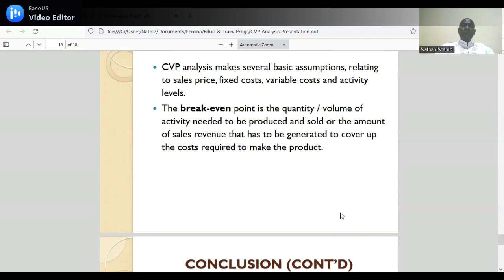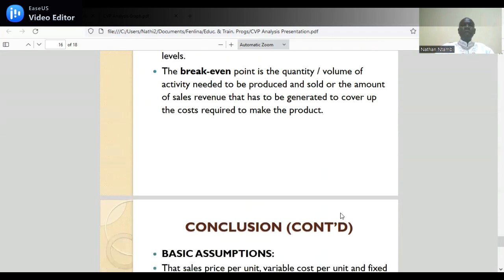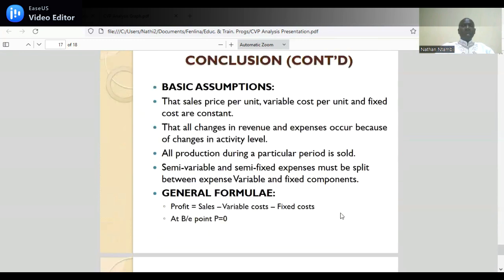The break-even point is the quantity or volume of activity needed to be produced and sold, or the amount of sales revenue that has to be generated to cover the costs required to make the product. Basic assumptions, which you have already mentioned, are that the sales price per unit, variable cost per unit, and fixed costs are constant, that all changes in revenue and expenses occur because of the changes in activity level.